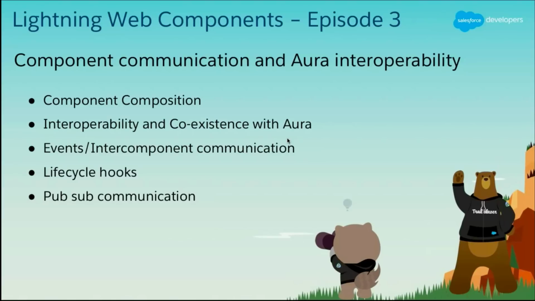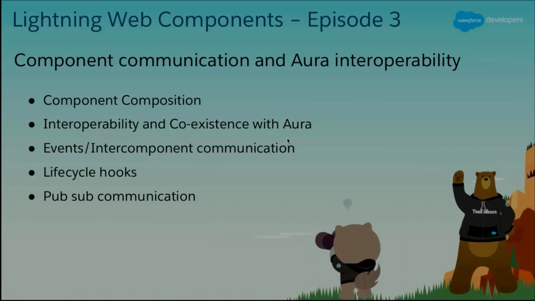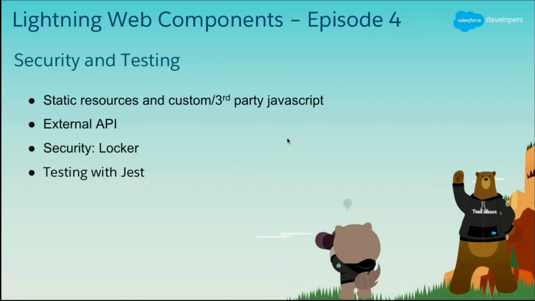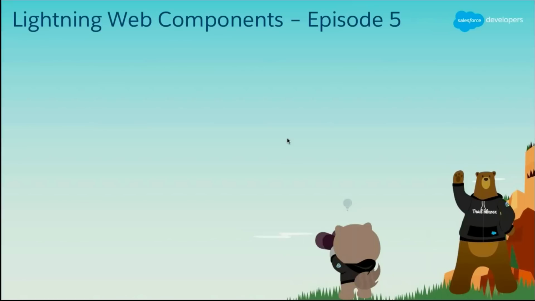And after that, this is again 2 weeks from now. The next Friday is going to be episode 3. And after that will be episode 4. We'll talk about security and testing, some interesting important concepts like testing, Locker Service, how to use external JavaScript and how to access external APIs and stuff. And with that, we'll go into episode 5 after that and do a live coding scenario.